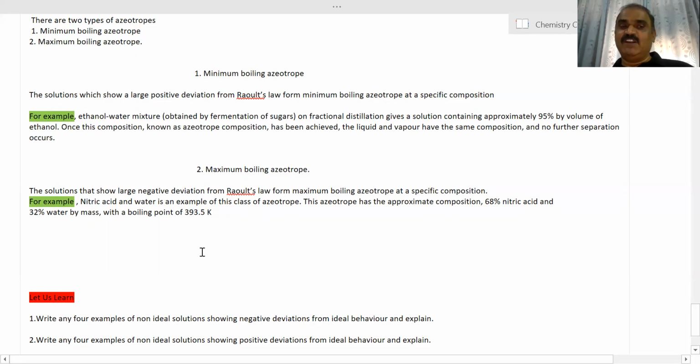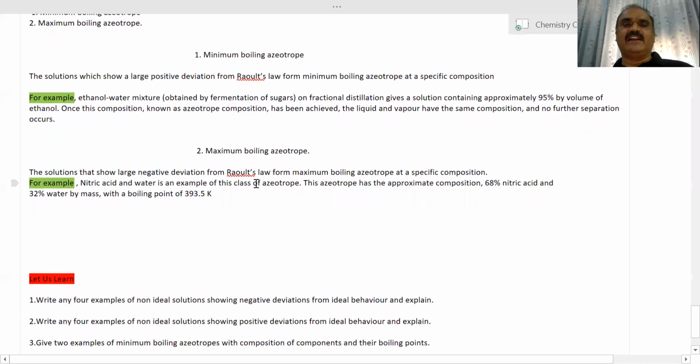Okay. Similarly, boiling point of nitric acid is also lesser than this value. Means boiling point of this solution is higher than that of both components. So these are the two azeotropes. If still you have some doubt, you can ask again.